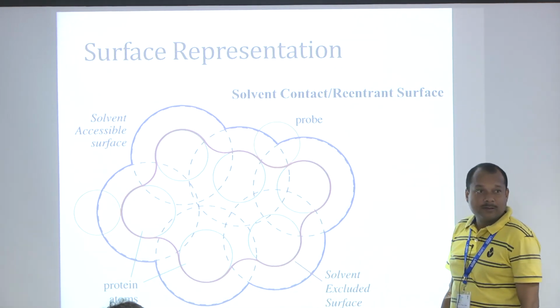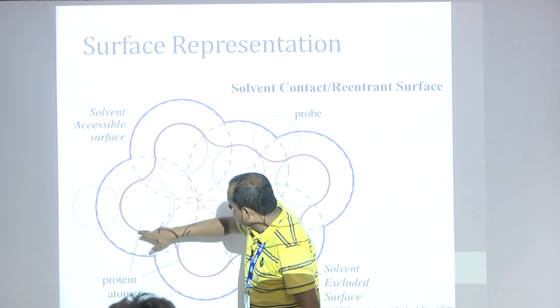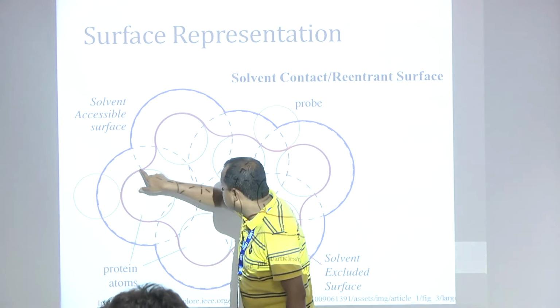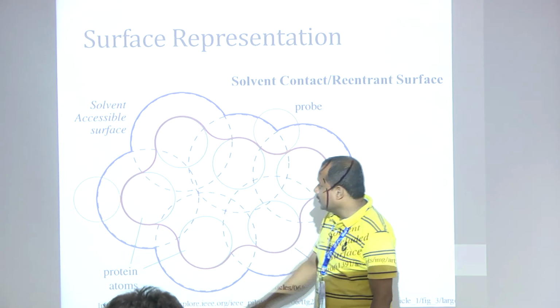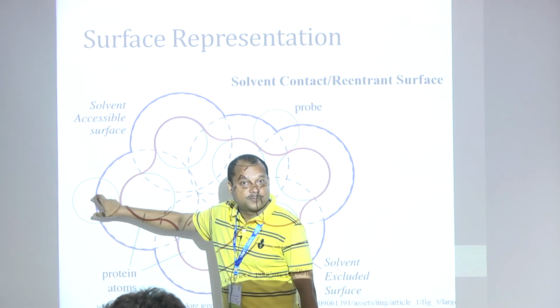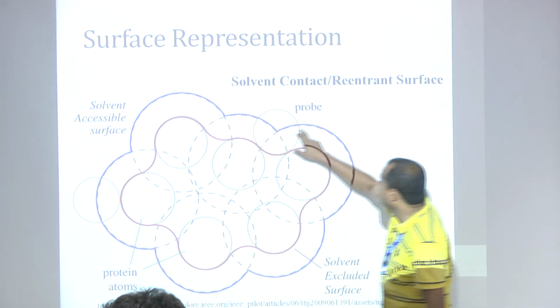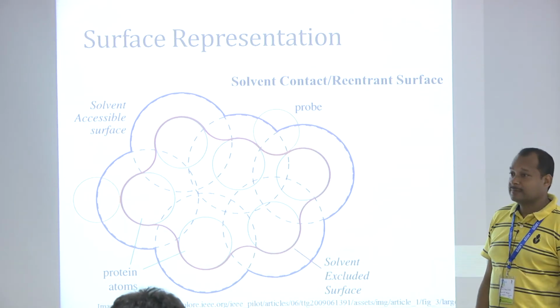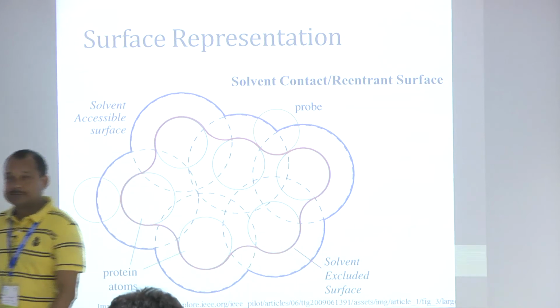Last time I said this is the contact surface and this is the reentrant surface. Alternatively, if I look at the trajectory of the center of this probe, then I will get this blue solid line. That is called the solvent accessible surface.